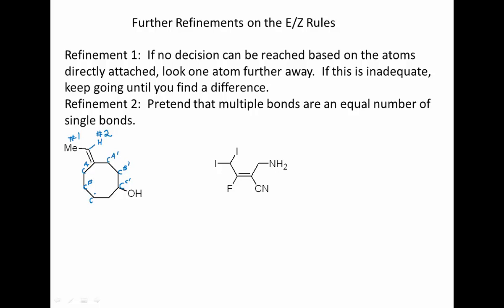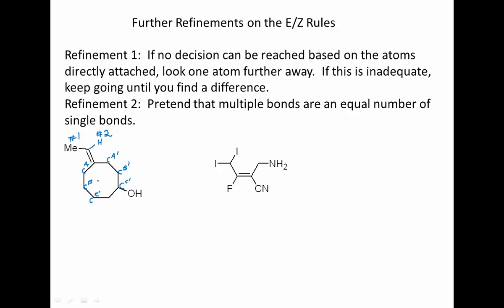Now we've got a difference here. This carbon has an oxygen on it. This carbon, which is the same distance from the alkene, does not have an oxygen on it. Therefore, this side becomes priority 1.